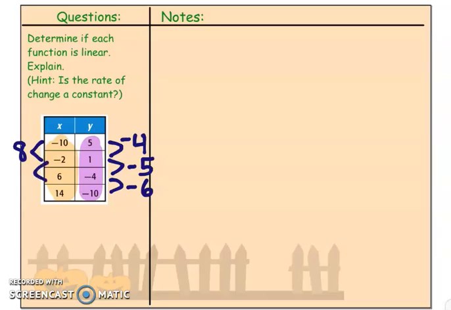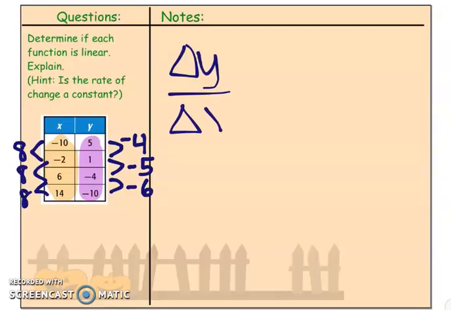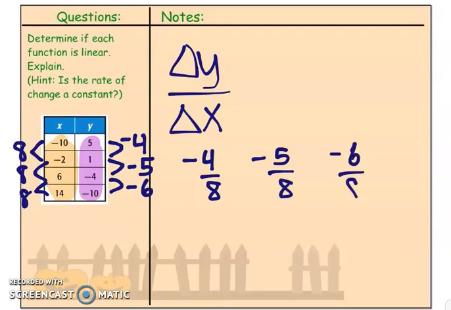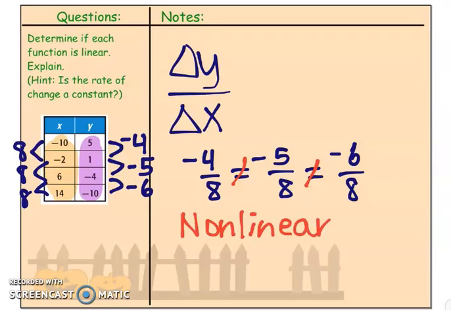Negative 2 to positive 6 is also up 8, and so is 6 to 14. So when you look at these change in y over change in x, negative 4 over 8, negative 5 over 8, negative 6 over 8. So you might think, well, it's a pattern, that's a good thing, but these are not equal to each other. So this is not linear. So I'm going to say nonlinear, and my reason is because it doesn't have a constant rate of change.